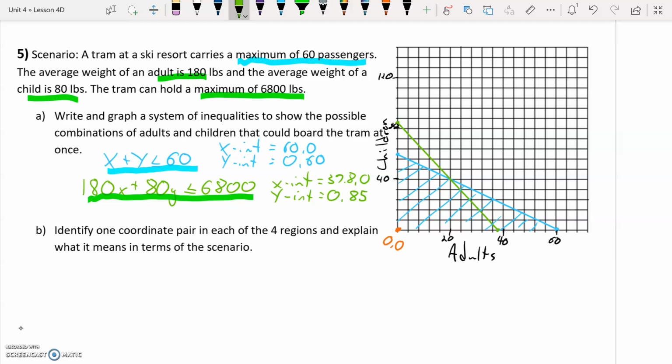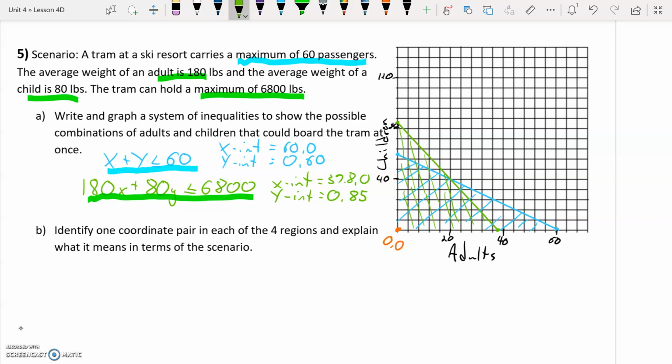Of course, you have 0 people, you have 0 pounds of weight in there. 0 is less than or equal to 6,800. That is true. So that means the region underneath the green line makes that inequality true. So everywhere down here makes it true.